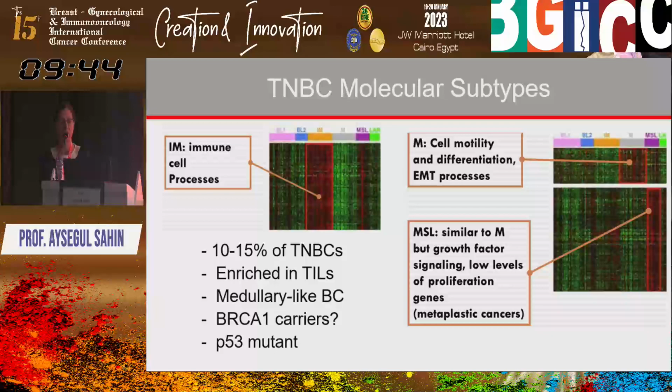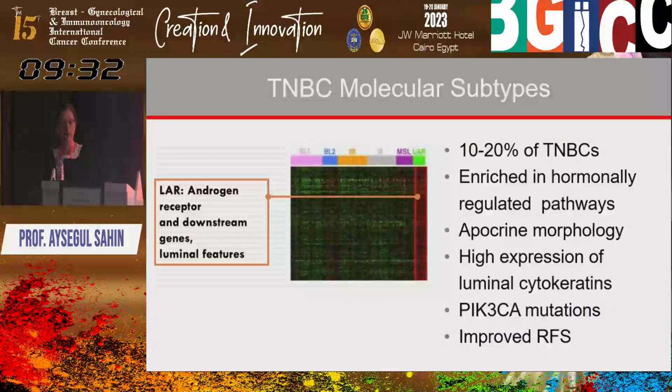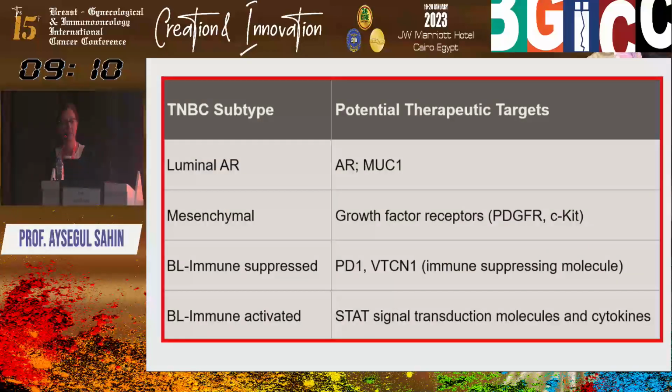These are morphologically what we used to call medullary or medullary-like breast carcinomas, and the majority of these patients were BRCA1 carriers. And the luminal androgen receptor positive tumors are enriched in hormonally regulated pathways, and these tumors also show apocrine morphology and high expression of luminal cytokeratins.